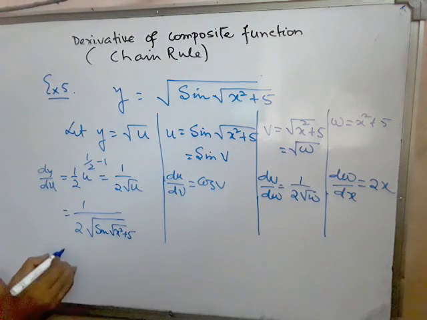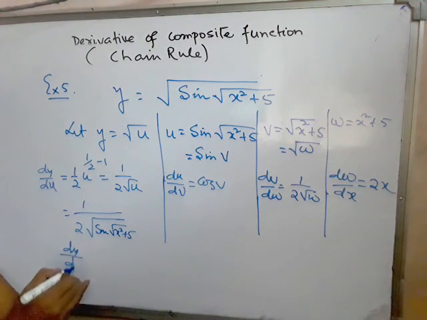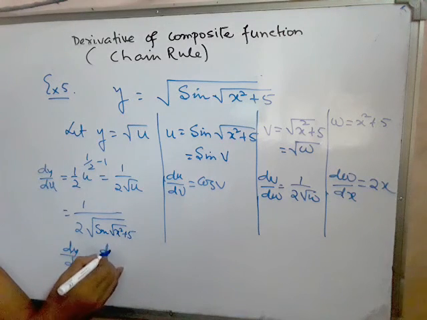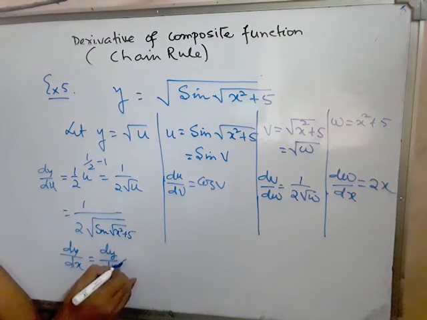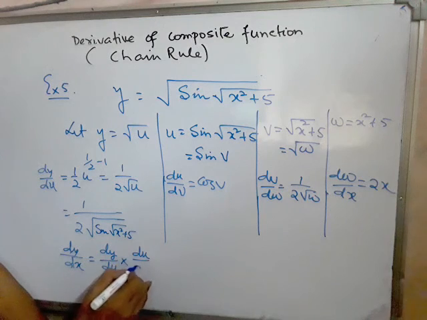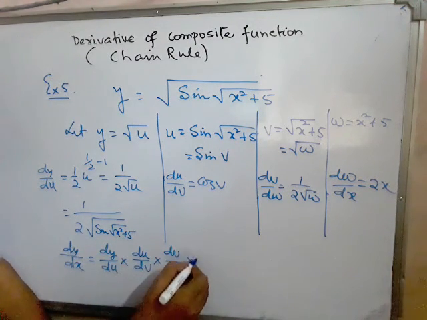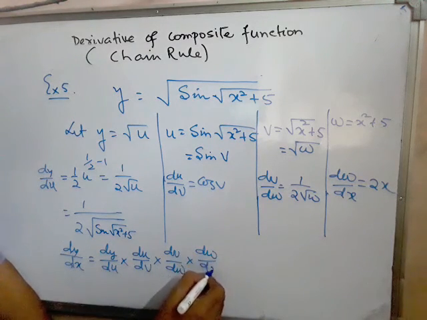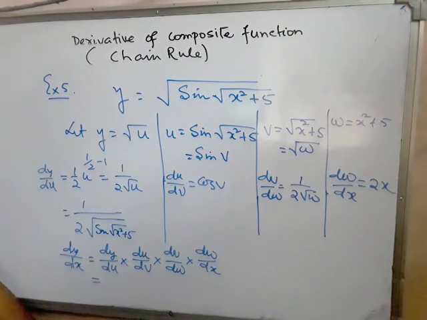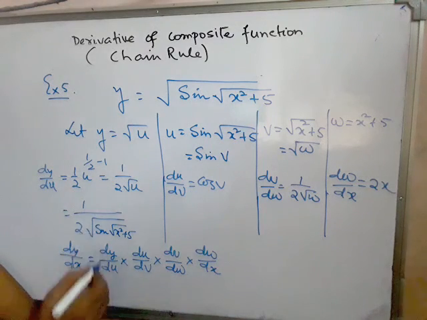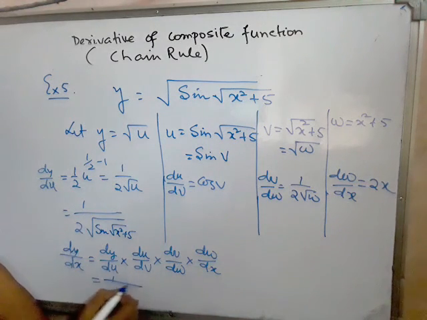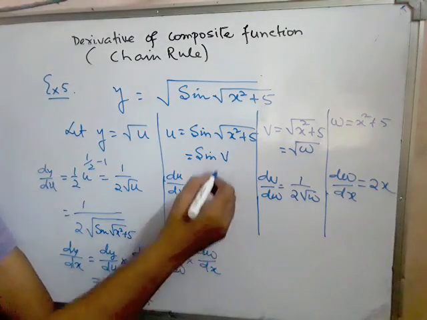So final answer, dy by dx equals dy by du, du by dv, dv by dw, dw by dx. dy by du will be 1 by 2 root over sine of x square plus 5. du by dv is cos v. V is how much?